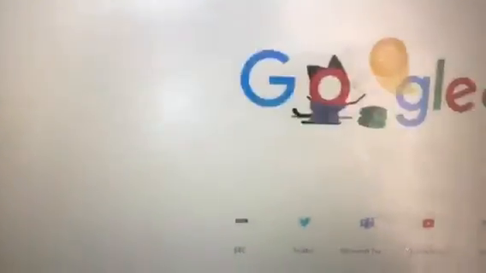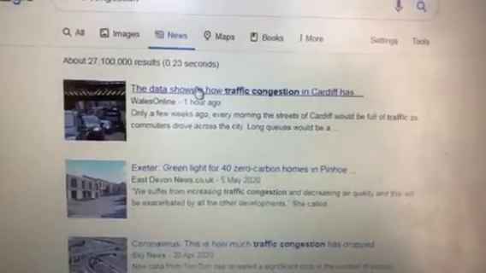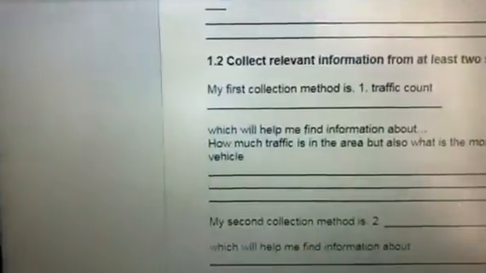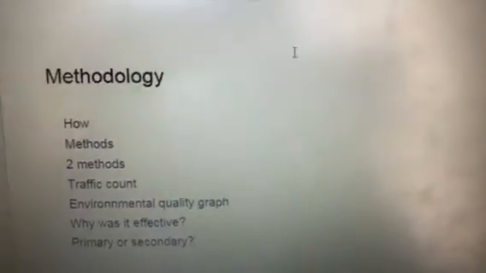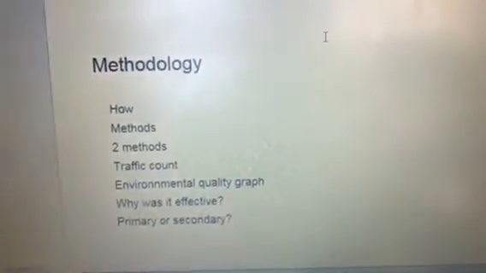It's probably going to be about the COVID-19 epidemic and traffic congestion. Okay, this one's on Wales Online. This is secondary information because somebody has already written it. Somebody has already got the information, okay? So it's secondary.